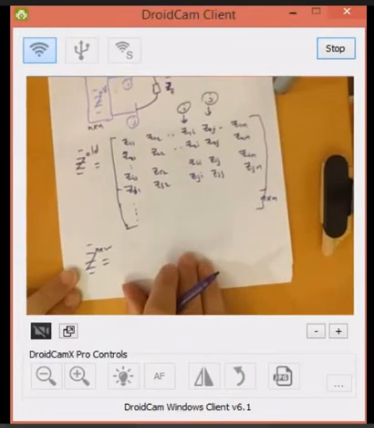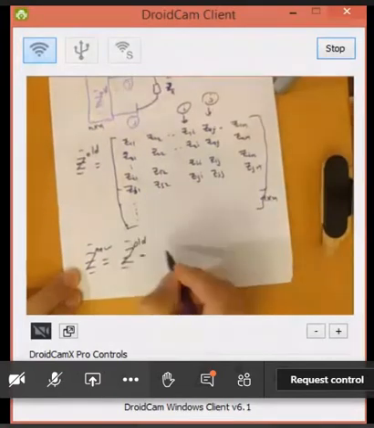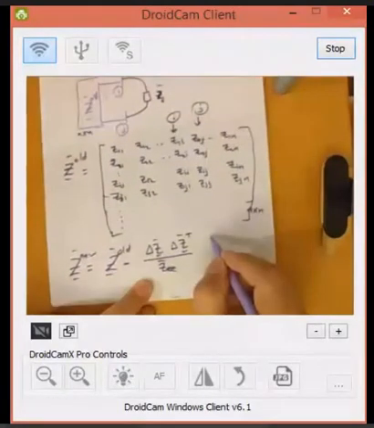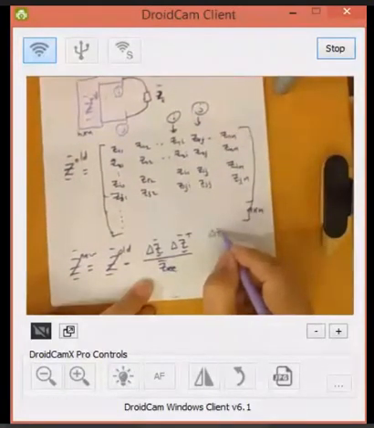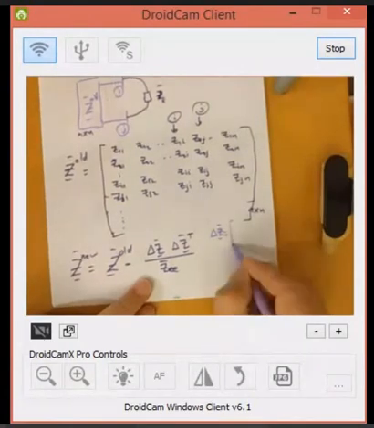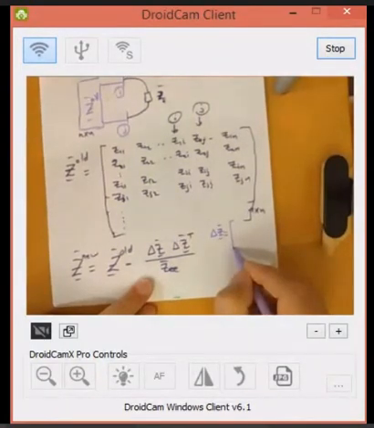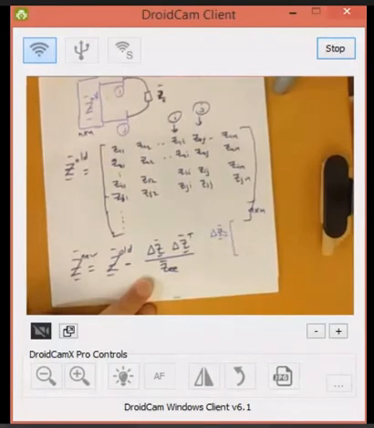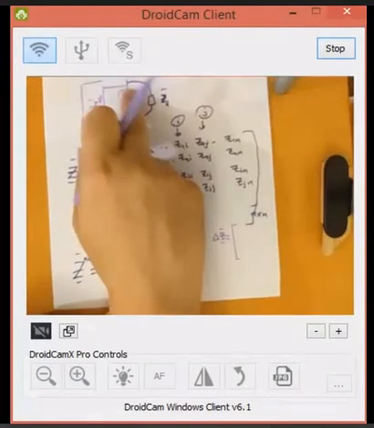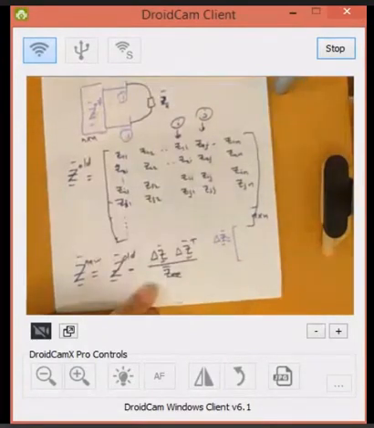Let us see. Delta Z: the line is connected between bus I and bus J, so whatever you have in column I, subtract column J from it.